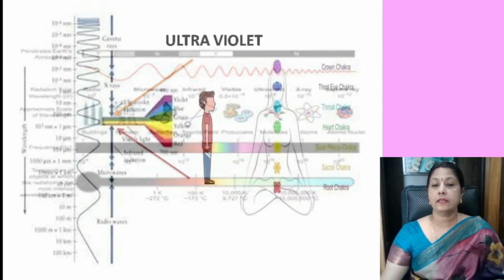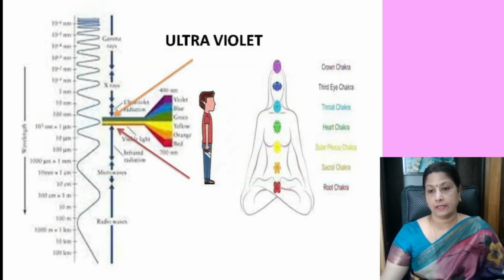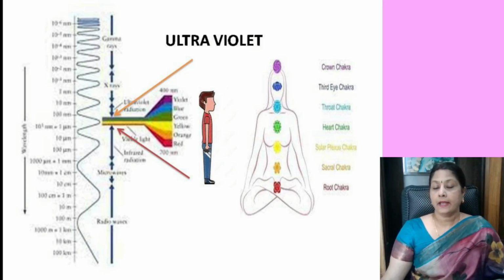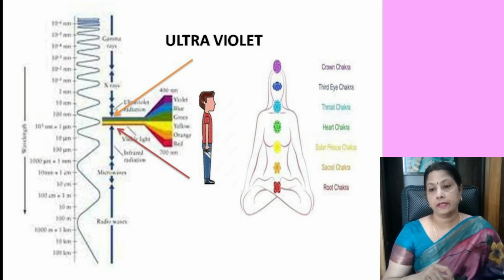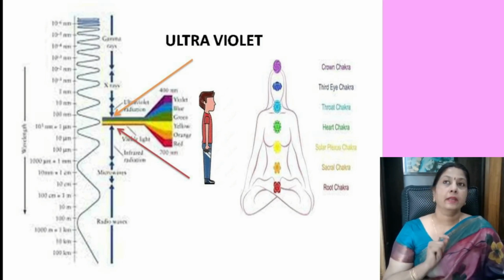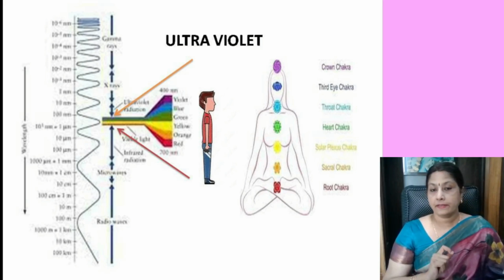So where is this? This is in the visible light area. These seven colors that you see in a rainbow are present within your body. They are the colors of your chakras, and these colors in our chakras are expressing that range of light frequency through us.